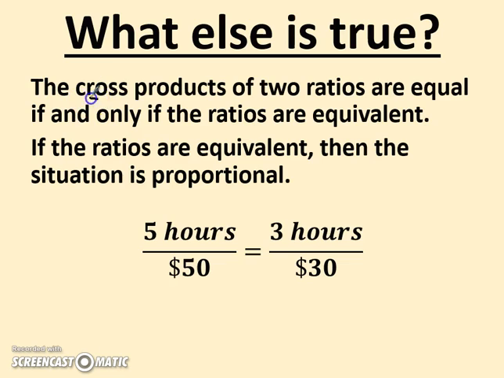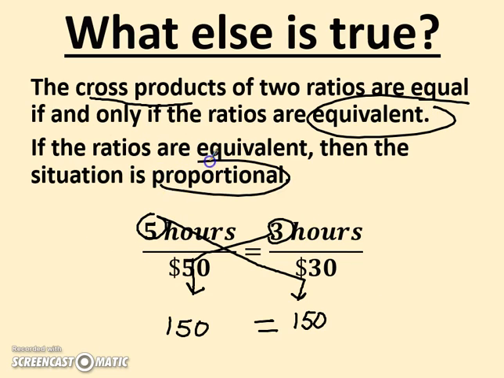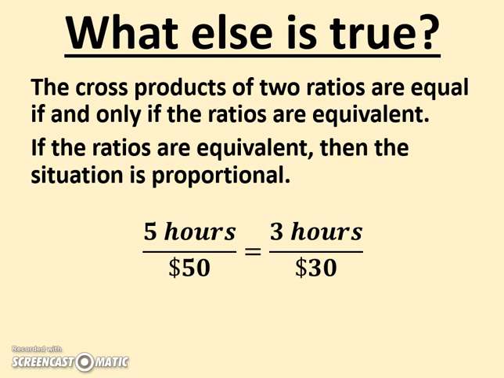So the cross products must be equal. 5 times 30 is 150, and 3 times 50 is 150. Since 150 is equal to 150, these two ratios must be equivalent, and therefore this situation about Ben must be proportional. So another way to decide if a relationship is proportional is to check the cross products. This fact will also help us to find an unknown value in a moment.